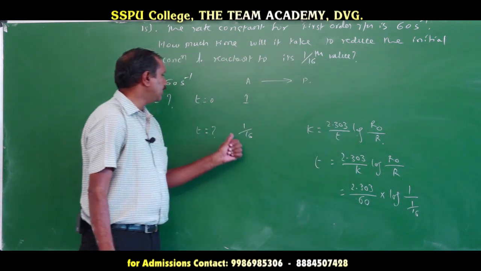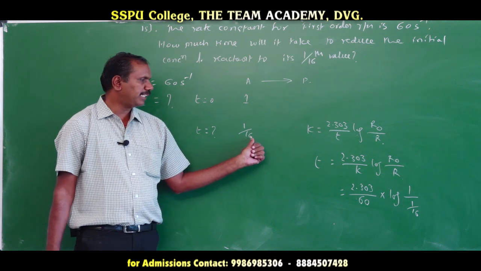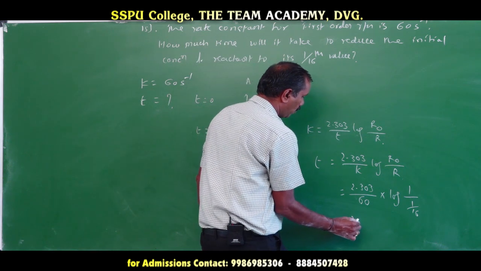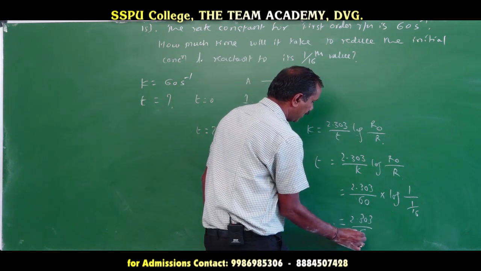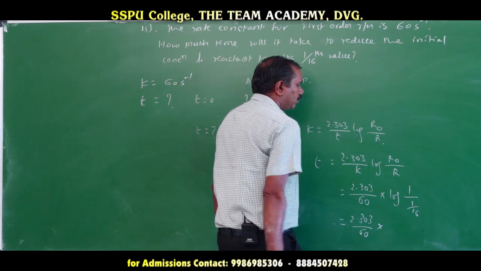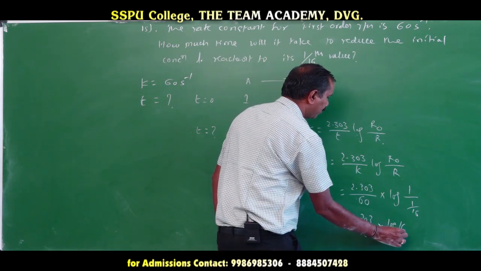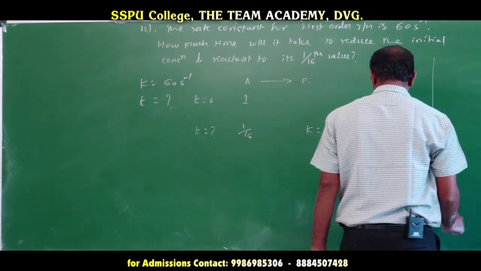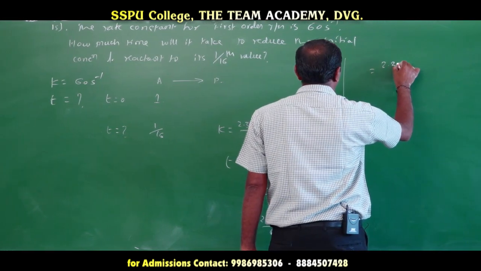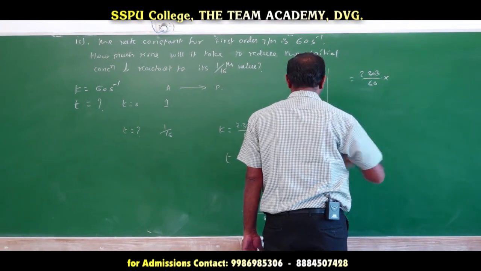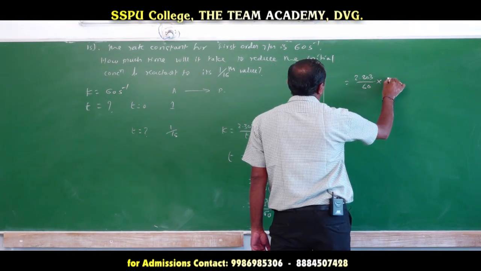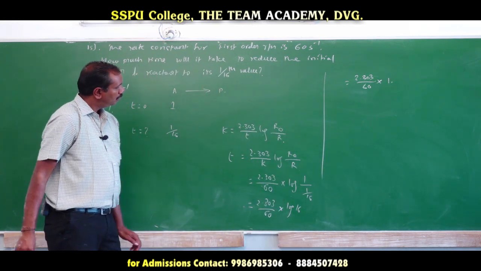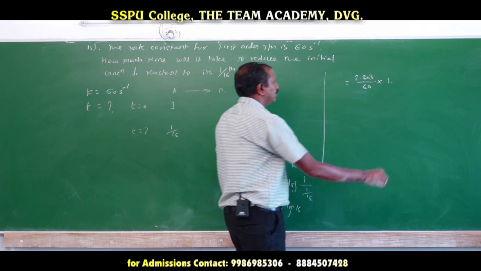So the final concentration is 1/16. Then 2.303 by 60 into log 16. Log of 16 value: characteristic 1, 16 under 0, nearly 1800.